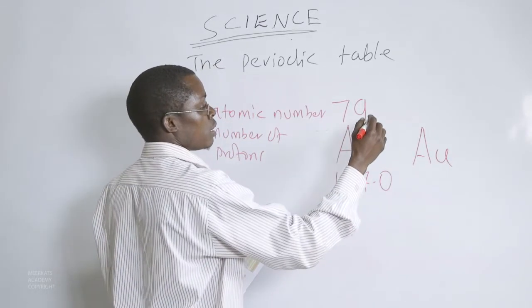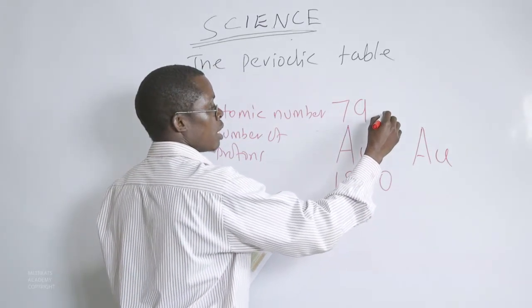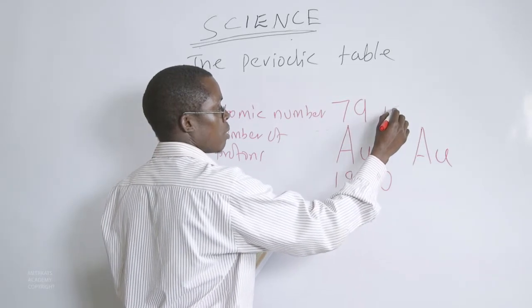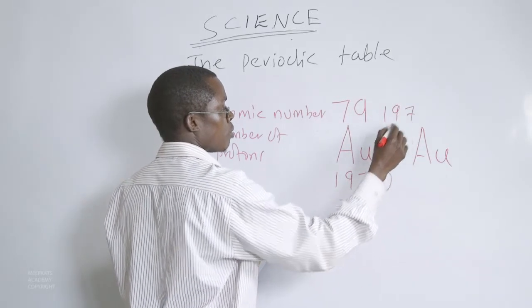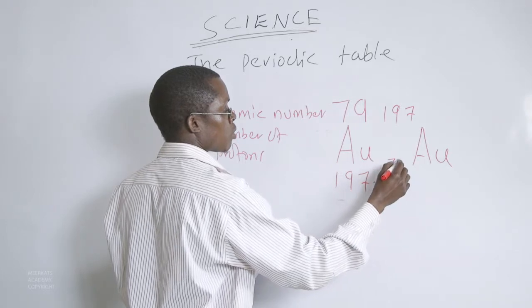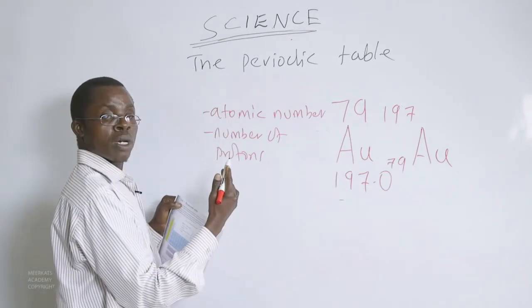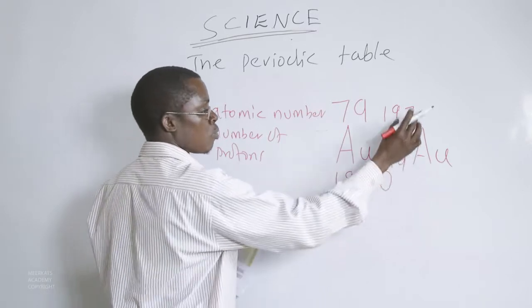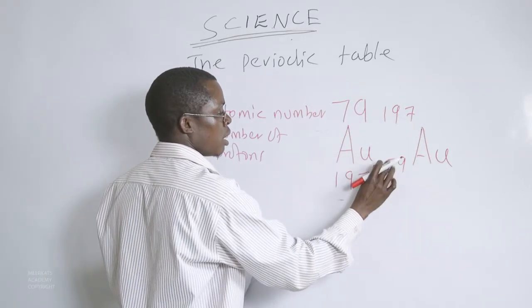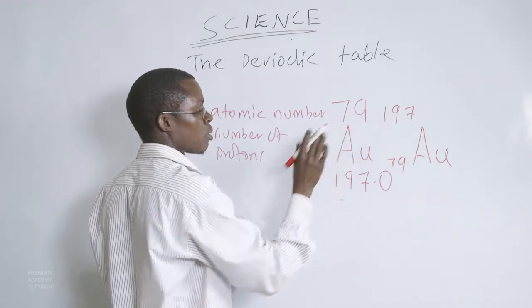You'll find that some periodic tables will have the big number, which is the mass number 197, on top, and the atomic number at the bottom, but now sideways, not on top and at the bottom as the case we have just seen for this one.